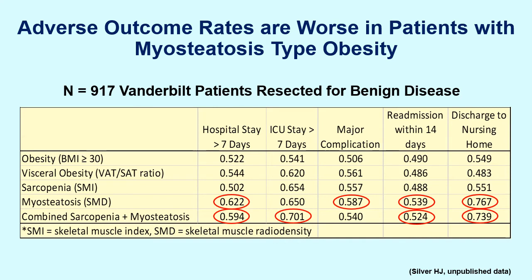But look at how strongly the effect of sarcopenia and myosteatotic obesity is for increased hospital stays, ICU stays, major complications, readmissions, and discharges to nursing homes as opposed to the home environment due to the impact on physical function performance and disease.